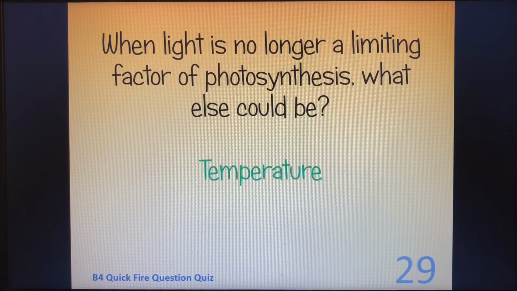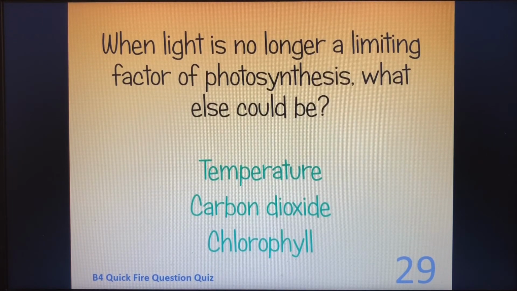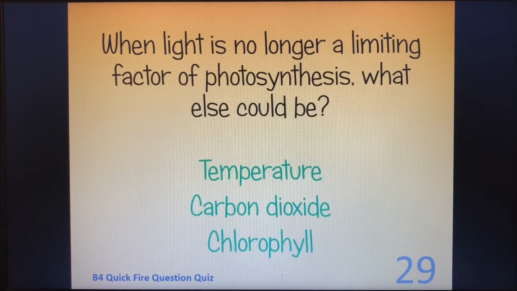Okay, answers. Could be temperature. Temperature affects rate of photosynthesis. Could be carbon dioxide, which can be pumped into a greenhouse. It could be the amount of chlorophyll, so it goes back to those variegated leaves. If you've got a variegated leaf, slower rate of photosynthesis than if you've got a non-variegated leaf.